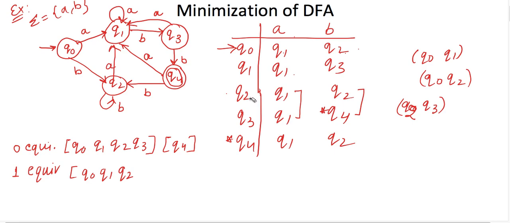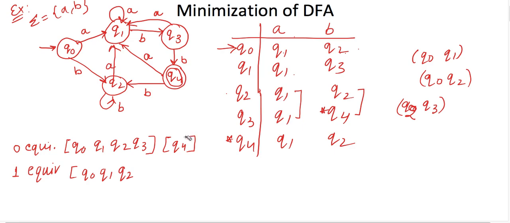Watch it. q2 on a is going to q1, q3 on a is going to q1. They are moving to the same state. Now q2 on b is moving to q2, q3 on b is moving to q4. Yes, watch it. We have found that q3 on b is moving to q4, but q4 is not in the same group. q4 is in a separate group.